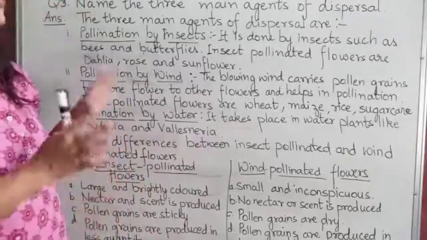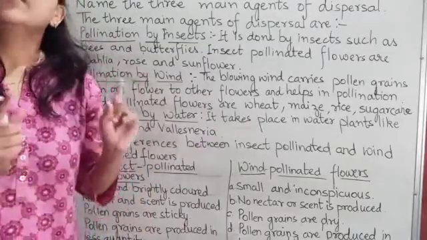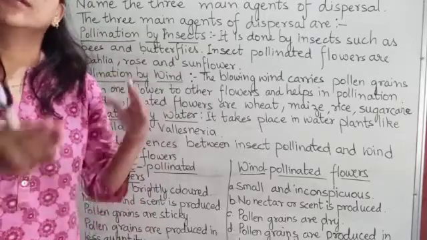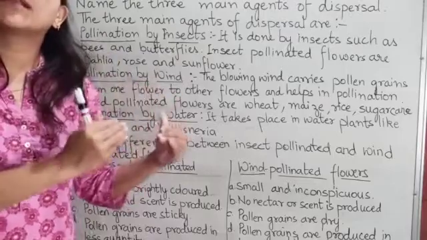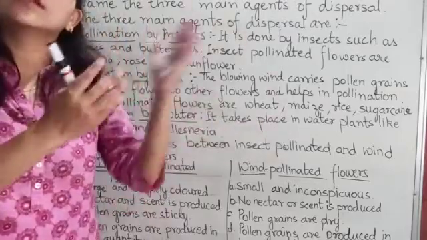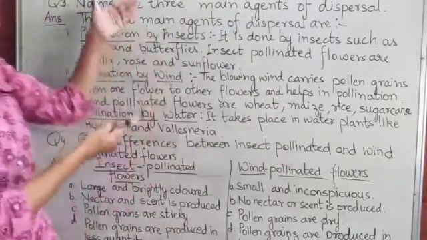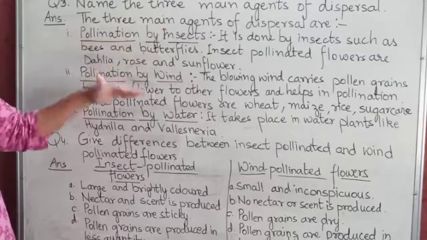But we are discussing here the three main agents of pollen grains. Pollen grains transfer from the anther of one flower to the stigma of another flower of another plant by these agents. These agents are insects, wind and water.